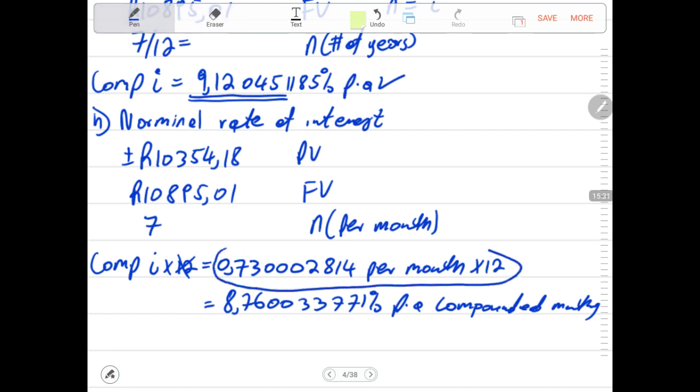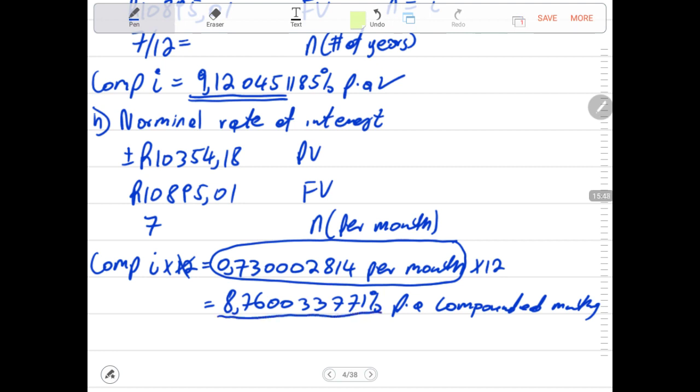So if you add this 0.73 twelve times, then they will give you 8.76 for the full year, per annum, but compounded monthly.